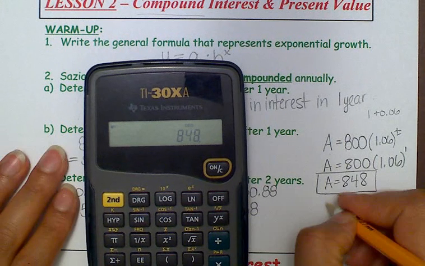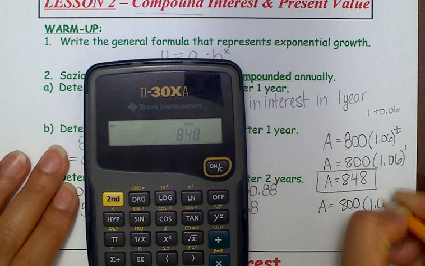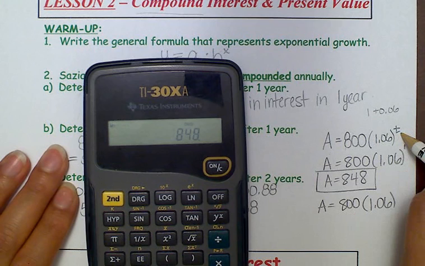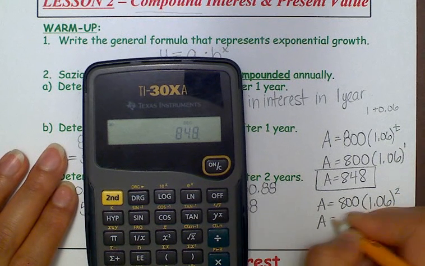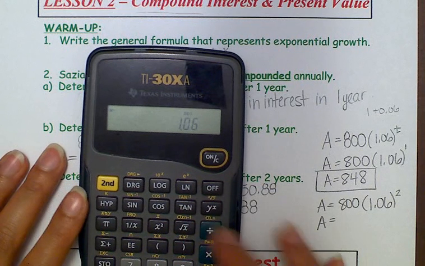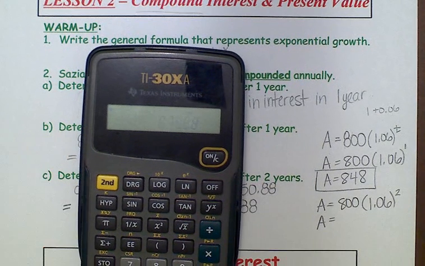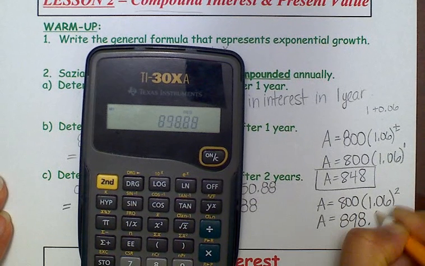If I wanted to see if it makes sense after 2 years, so if I go back to the original equation and I replace t with 2, I get 800 times 1.06 to the exponent 2, and I get $898.88.